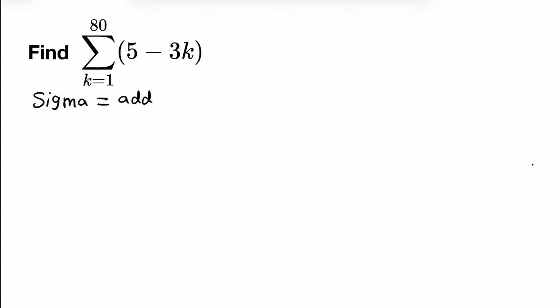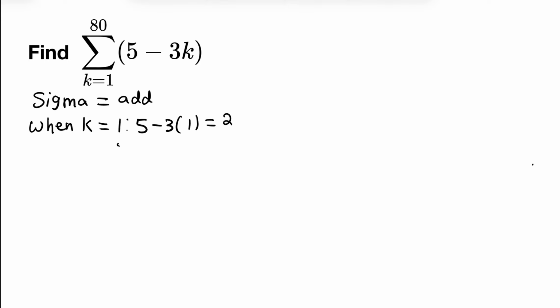And so let me go ahead and write, when k equals 1, then we use this expression 5 minus 3, and we substitute k for 1. And that equals positive 2.